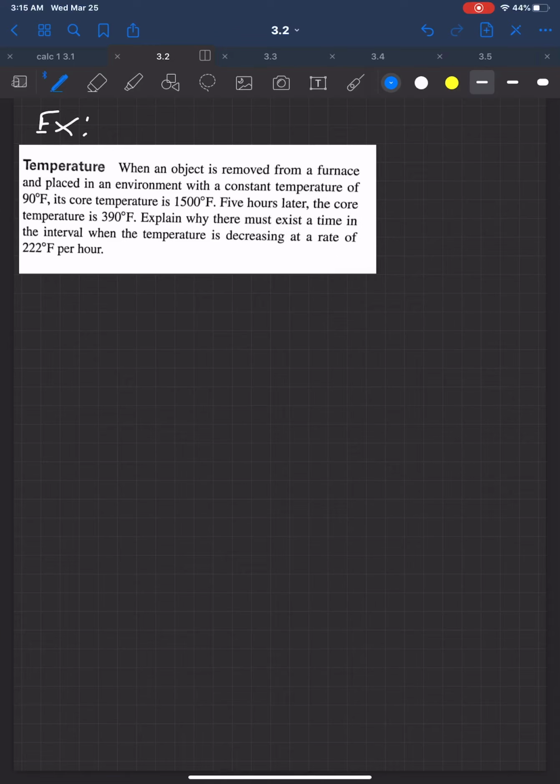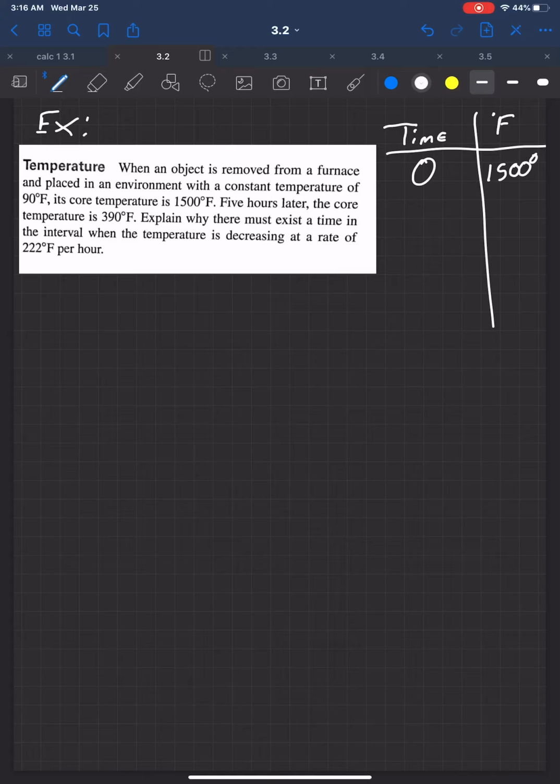All right, wait a minute. So let's set this up. Ready? So let's see if you agree with this. At time 0, that's when you first pull this object out of the furnace, its temperature is 1500 degrees Fahrenheit.